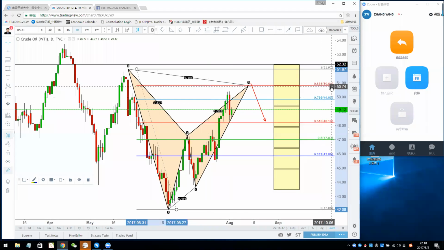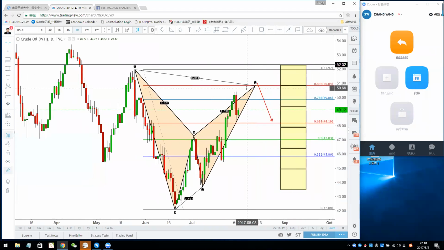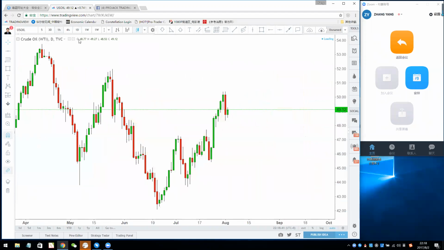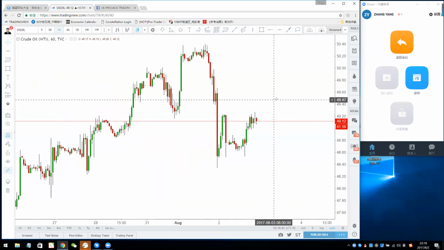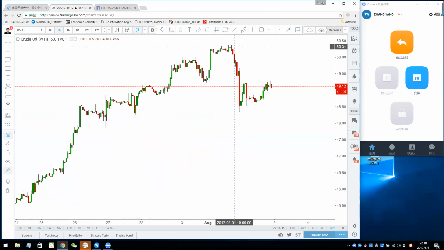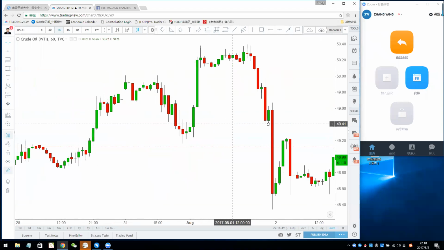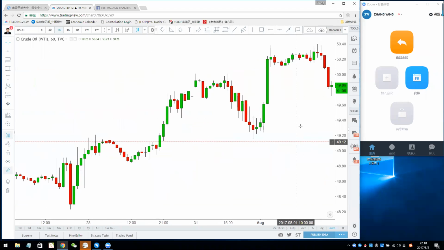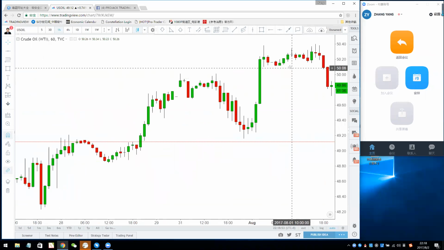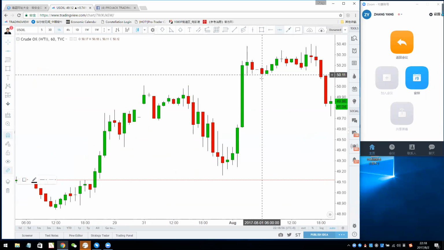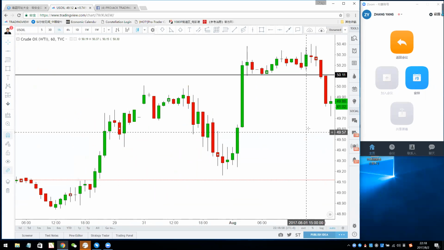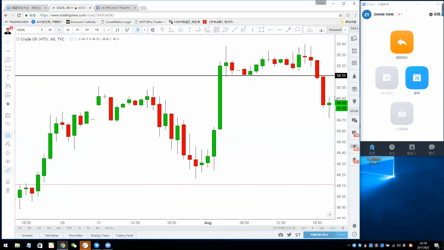50.84 is the key level. For intraday, on the 1 hour chart, since the oil has a very strong sell-off, yesterday in my students group I saw this candle and announced that the oil actually broke 50.11.